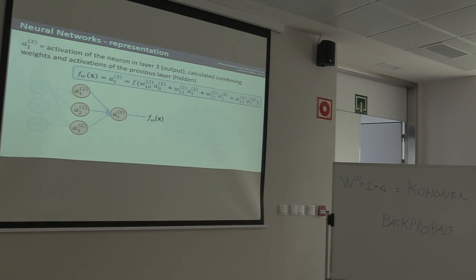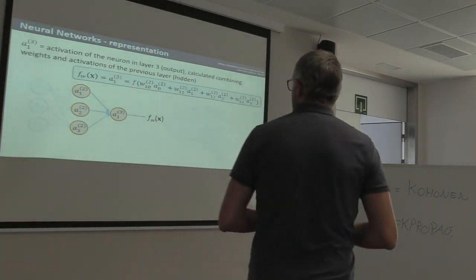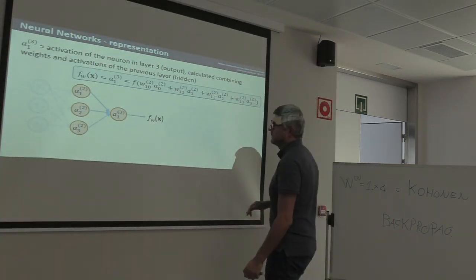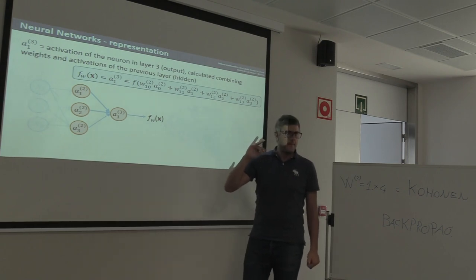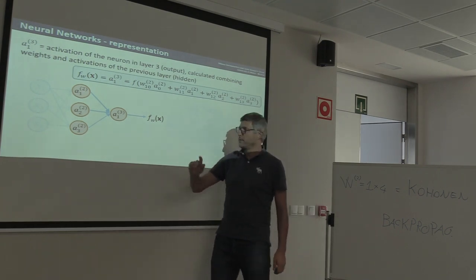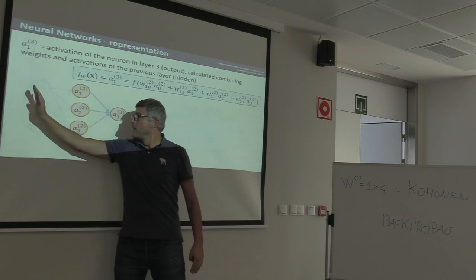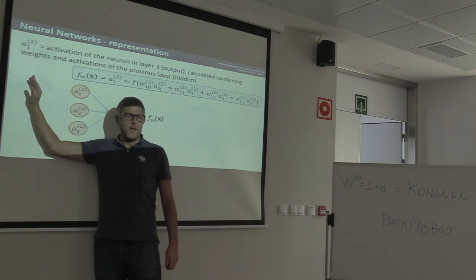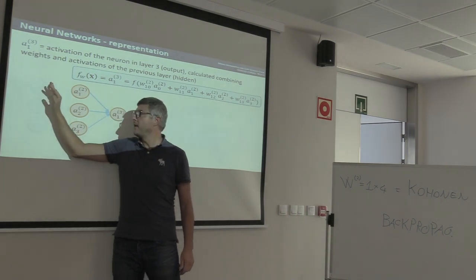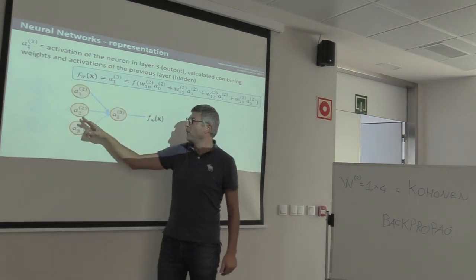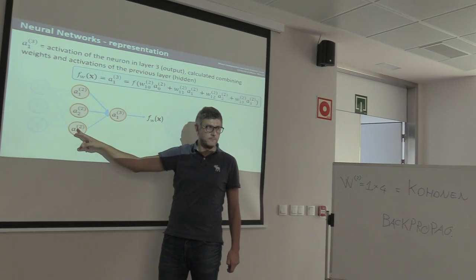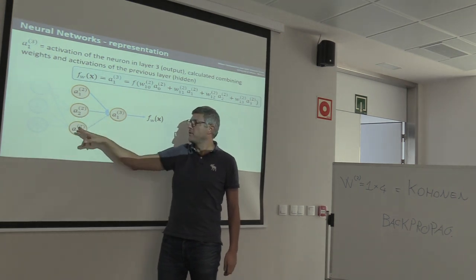And this is what happens. Can you see now the idea? We started from the first layer, the input layer. From the input layer, we activated all these neurons and we got these activation functions.